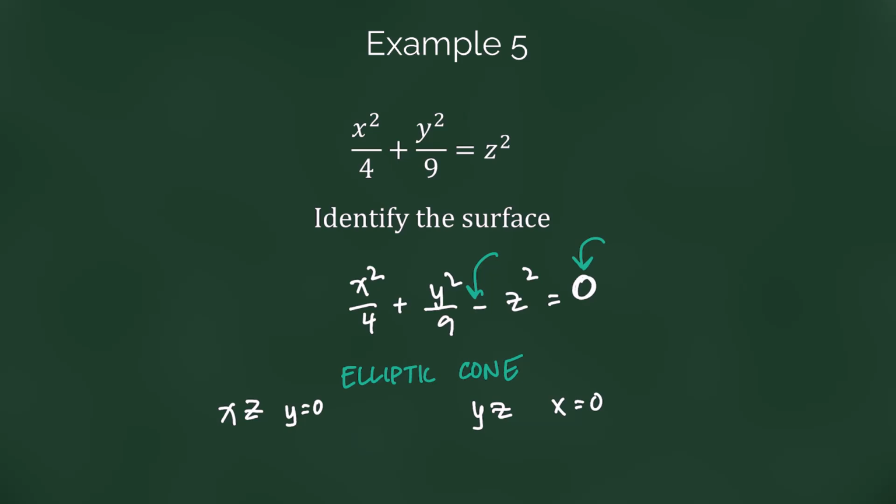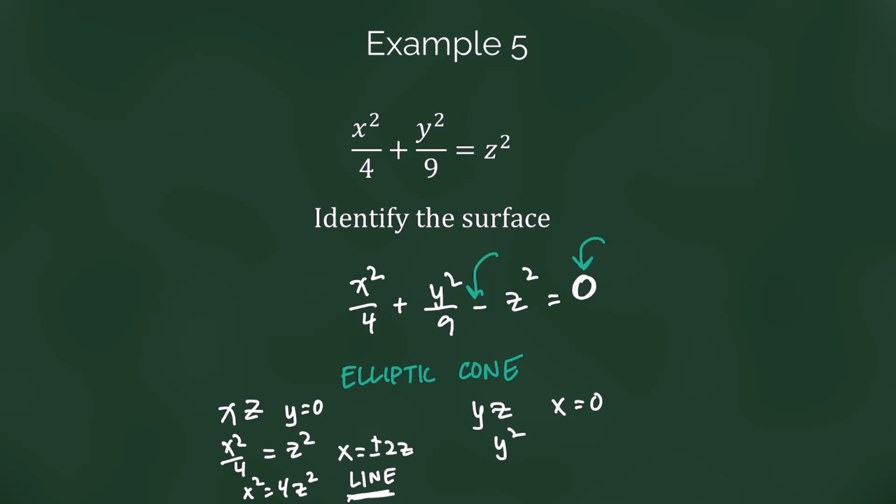So for the XZ trace, when Y is 0, we get that X squared over 4 is going to equal Z squared, which means that X squared is 4Z squared, and we can square root both sides of that to get that X is then plus or minus 2Z. And the key thing here is that this particular trace is not a hyperbola anymore, it's a line. And that's what's going to be the key difference in the elliptic cone.